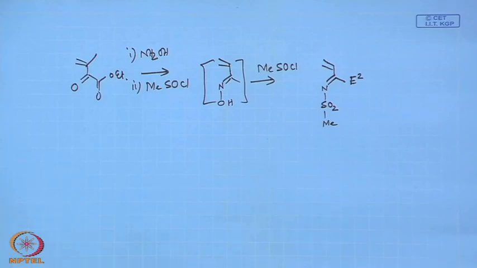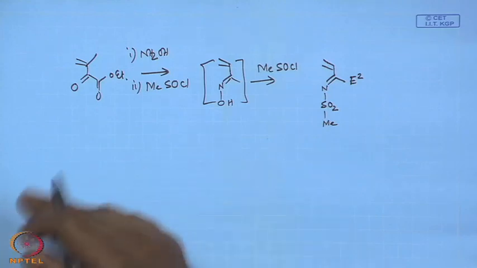So, that means one aza dienes are not very easy to make. That is the reason why the Diels-Alders are not very popular.